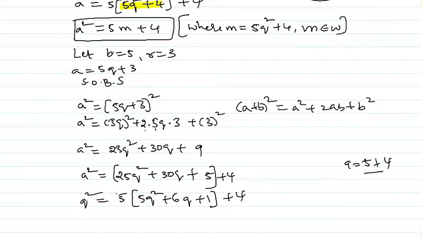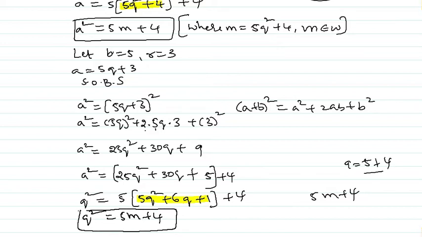Now it is in the form of 5m plus 4. Why? Because m is equal to 5q square plus 6q plus 1. So a square is equal to 5m plus 4, where m is equal to 5q square plus 6q plus 1, and m belongs to whole number.